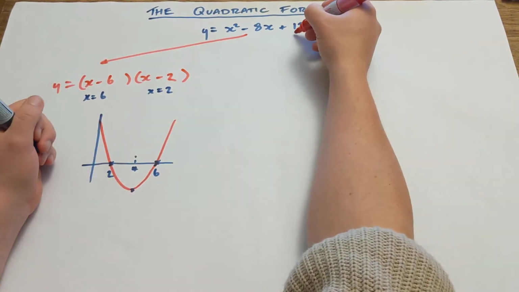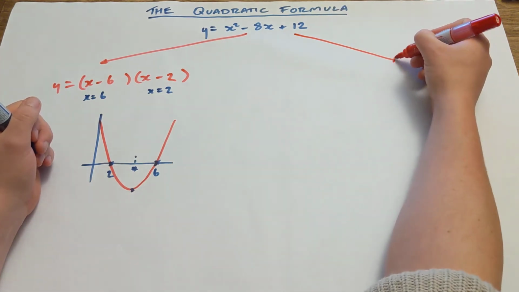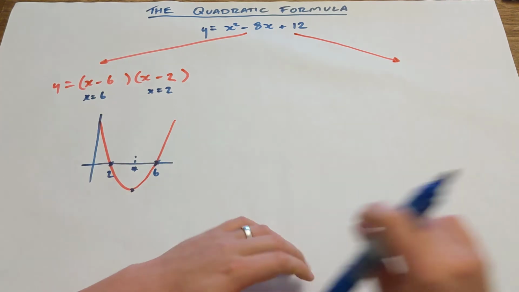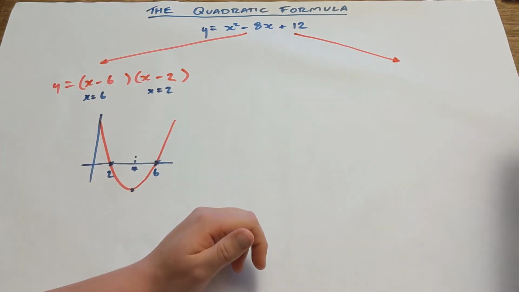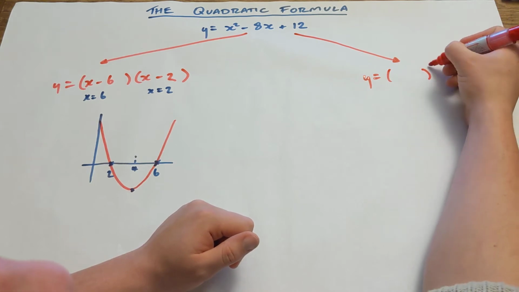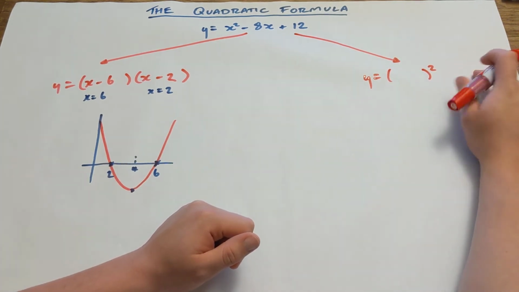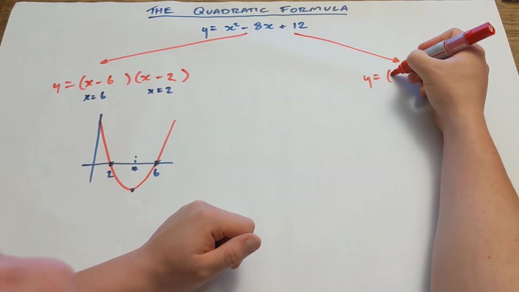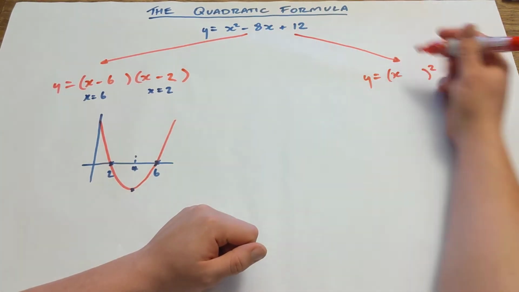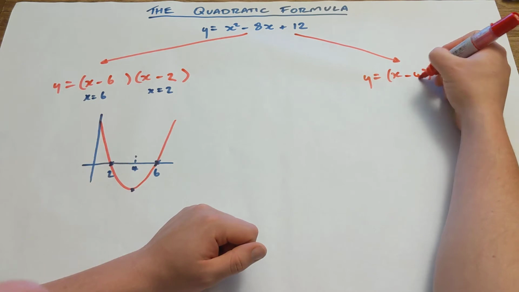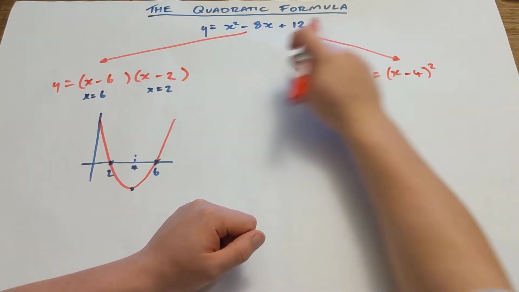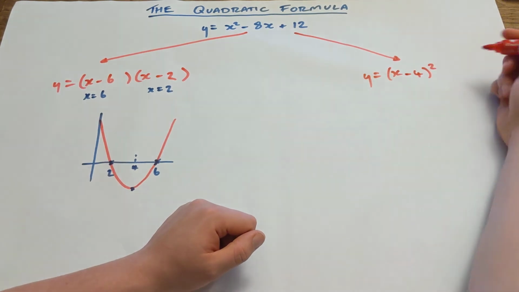We could factorize it into another form. We could look at completing the square. If we're going to complete the square, that means we'll end up with brackets like this and then some number at the end. So in here we put x, and then remember we put half of this, so negative 4. Then we take away whatever half of this is, squared.